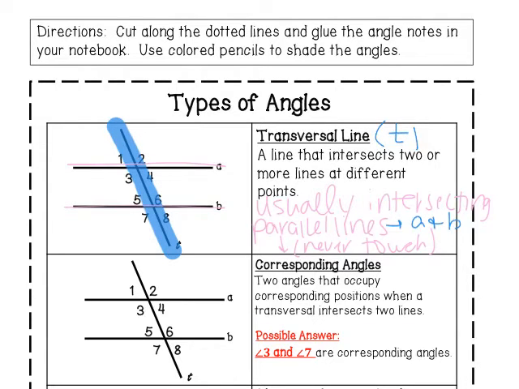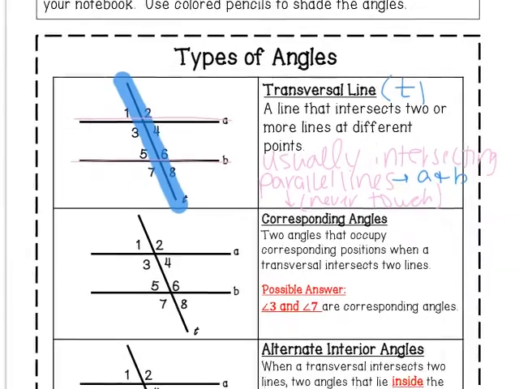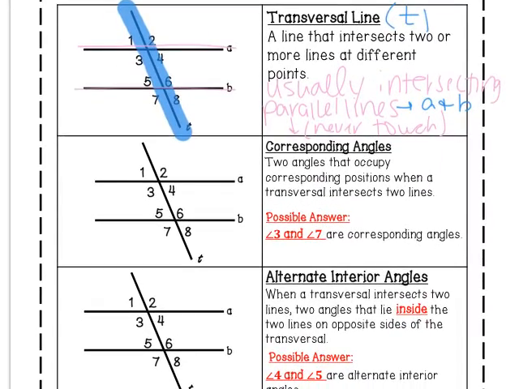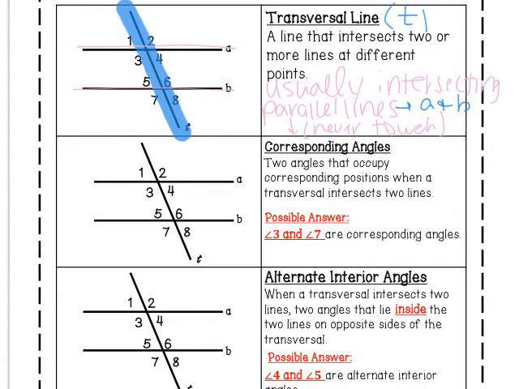Corresponding angles. So two angles that occupy corresponding positions when a transversal intersects two lines. So corresponding positions, and I'm going to go over this some more. This is usually confusing for some students, and I will explain more in detail tomorrow. So corresponding positions, more or less, that means the same position.